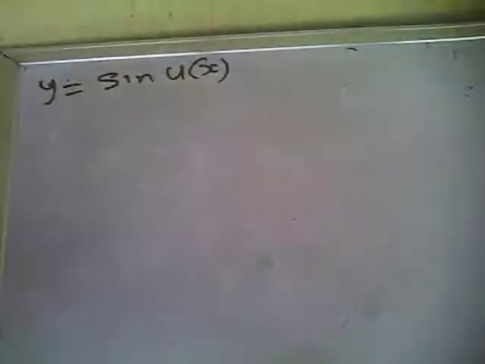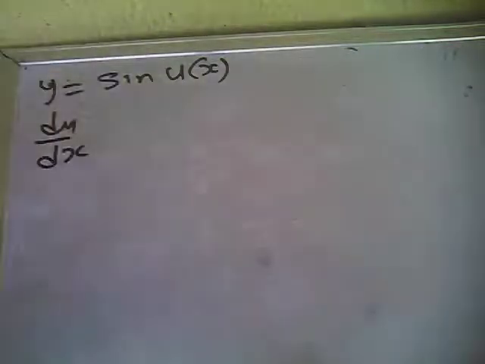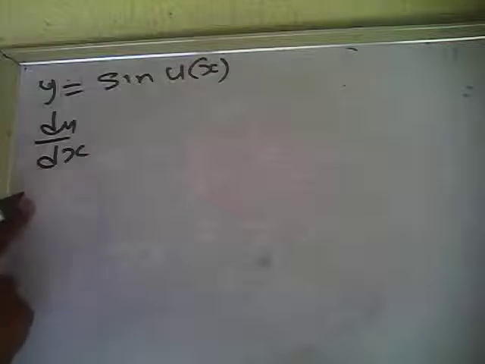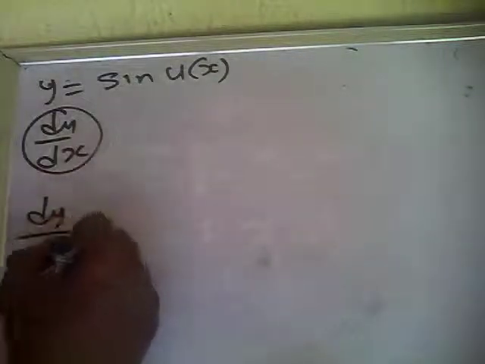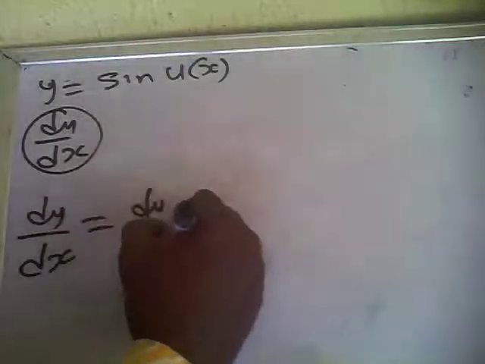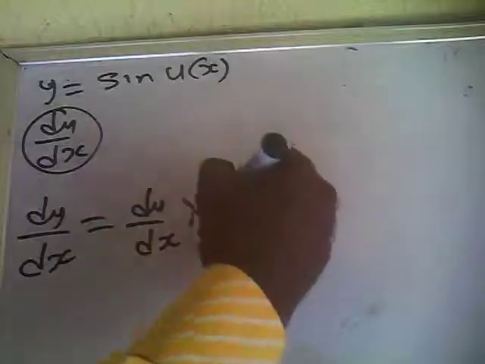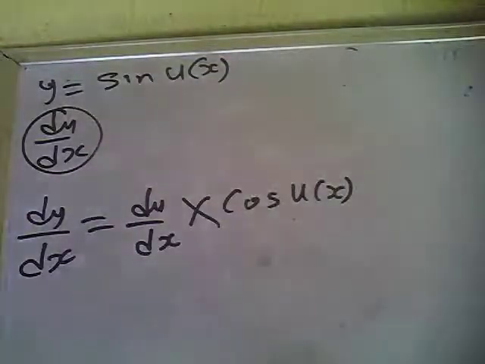Then we have to find du/dx. Whatever du/dx is, then we get dy/dx. It will be du/dx times cos u of x. So that is how it works with the sine function.